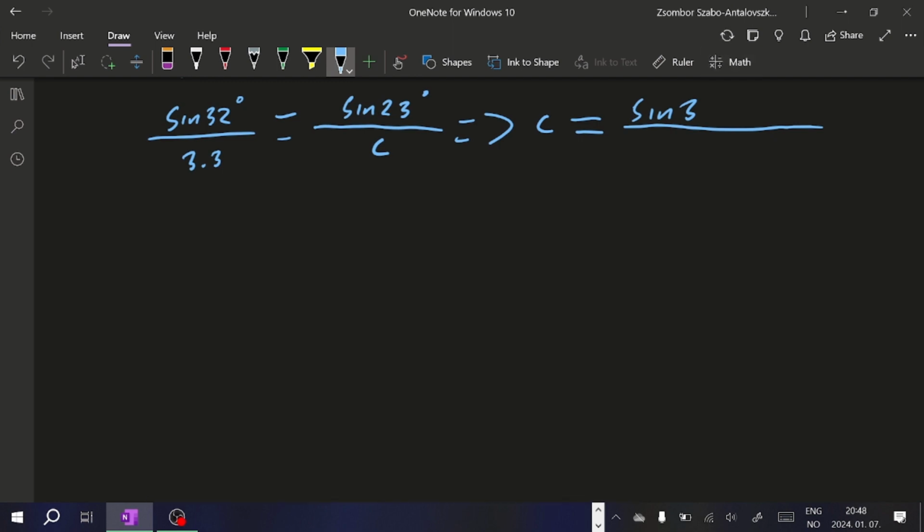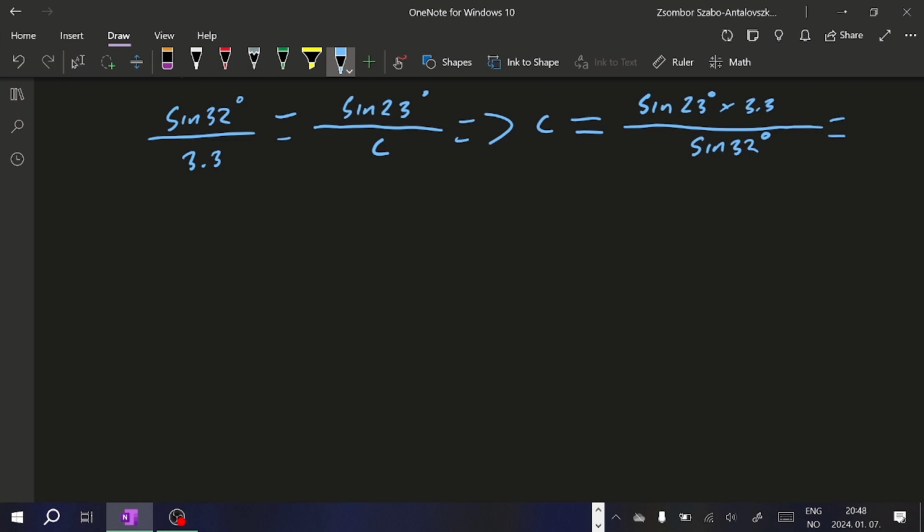So we can do it this way: sine of 23 degrees times 3.3 divided by sine of 32 degrees will give us the answer.